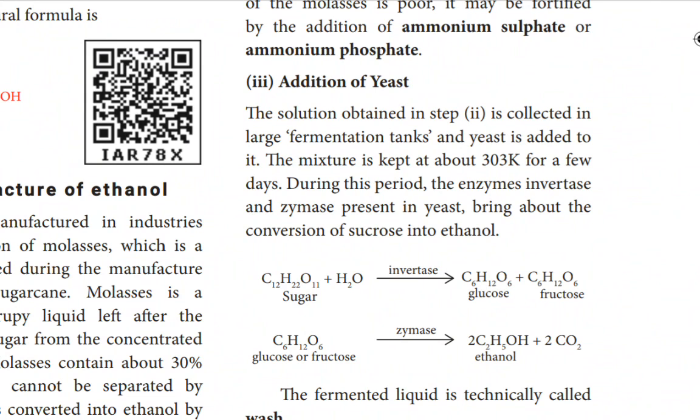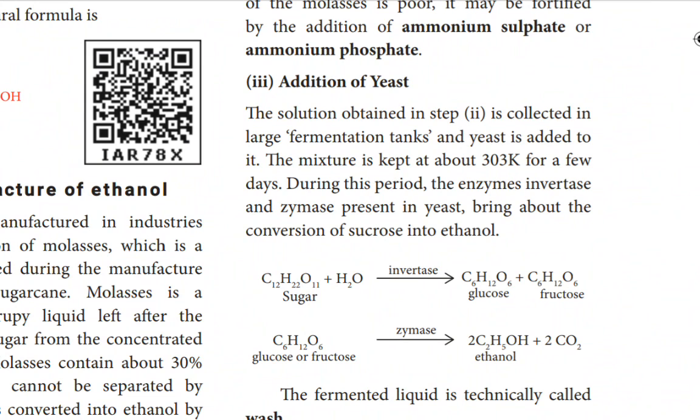It is taken for the fermentation process, for the conversion of complex molecule into simpler molecule. During this period, enzymes invertase and zymase present in the yeast bring about the conversion of sucrose into ethanol.